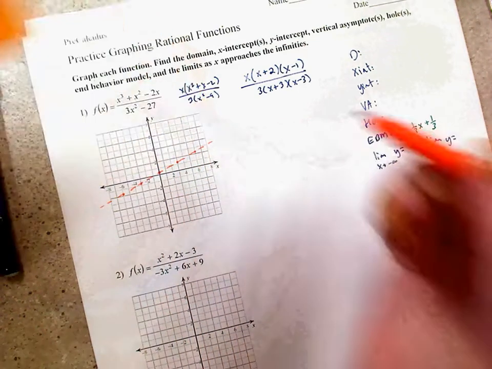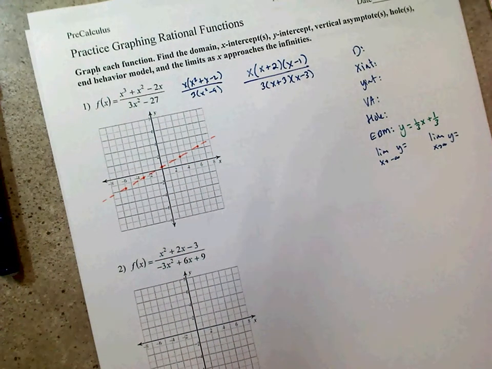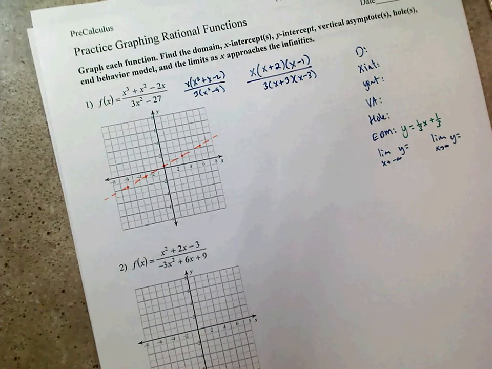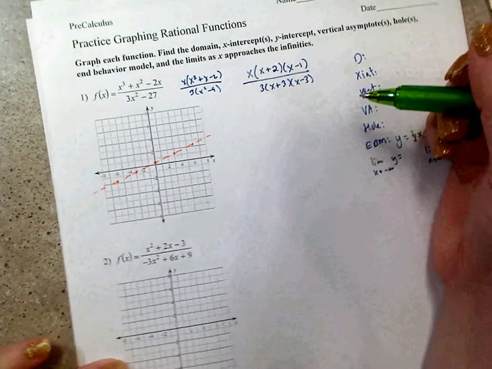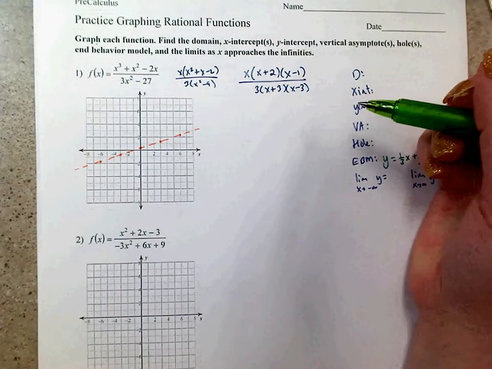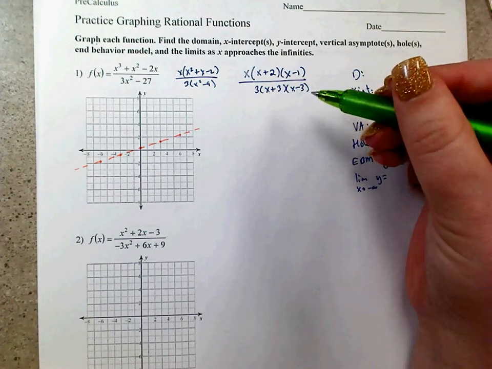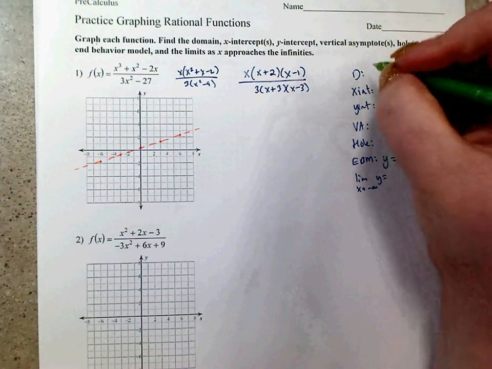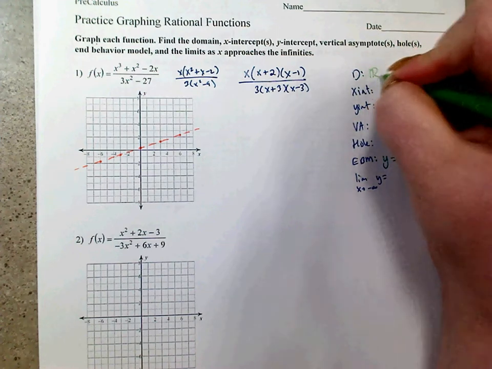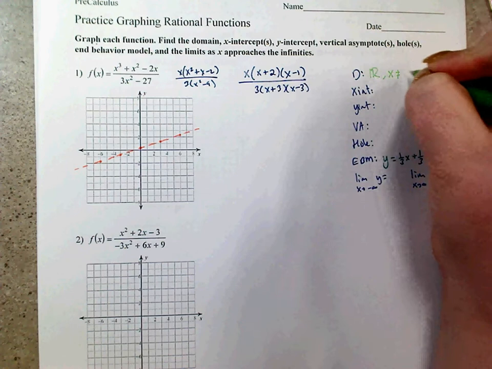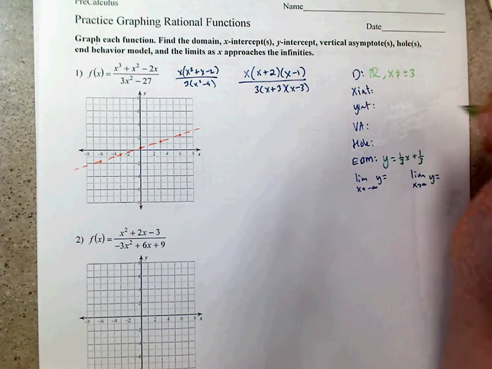Okay. Next I have the domain. The domain is everywhere the function is defined, and the function is defined everywhere except where the x's make the denominator 0. In the denominator, negative 3 and positive 3 will both make this 0. So my domain is all real numbers except positive and negative 3.